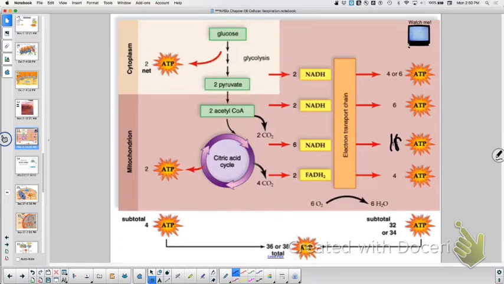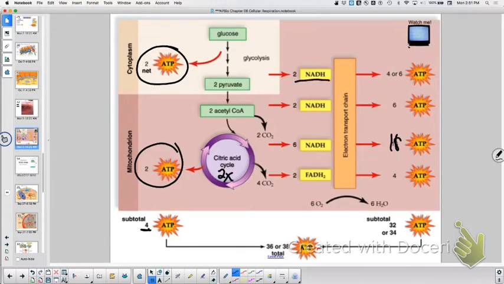I think of ATP as cash money, and cash money comes from substrate level phosphorylation. I walk away with 2 ATP from glycolysis, and 2 ATP when I do the citric acid cycle 2 times. So that's cash money, 4 total. From glycolysis, though, I get 2 reduced NAD.